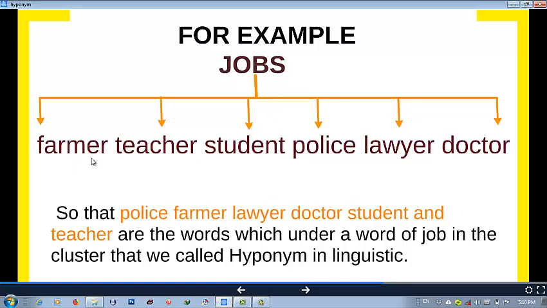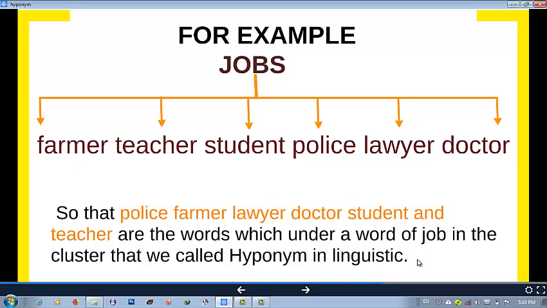So all of these are the words under the word jobs in the cluster, which we call hyponyms in English linguistics.